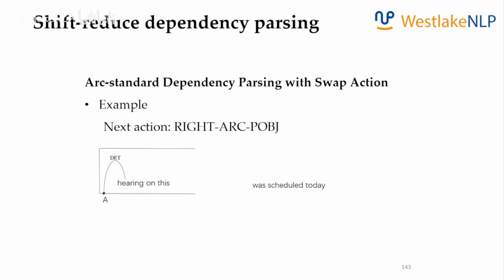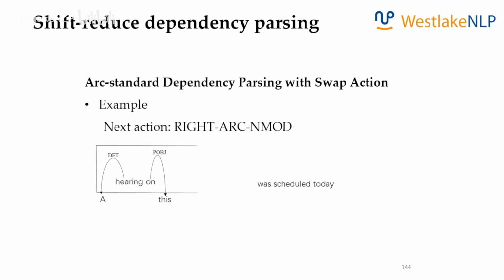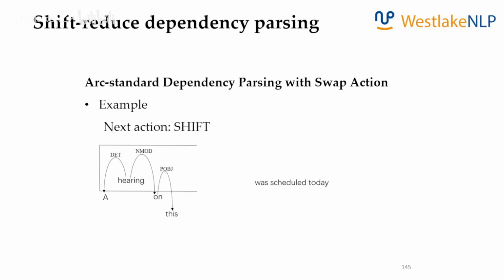So the rest of the parsing process will be standard. For example, we do right arc pobject to make this depend on. And then we do another right arc nmod to make on this the modifier of hearing. And then we do shift, left arc subject to make hearing a subject of was.